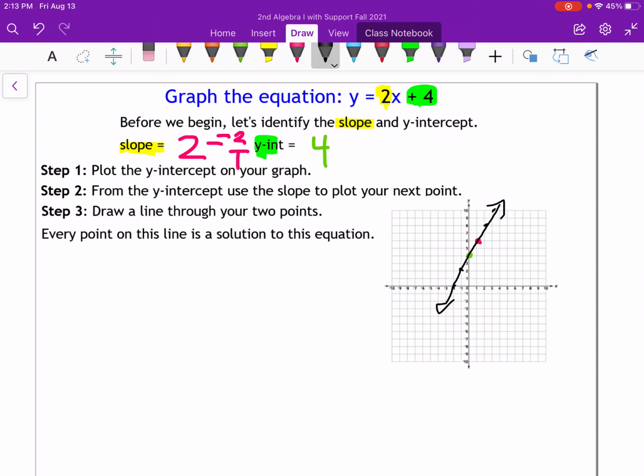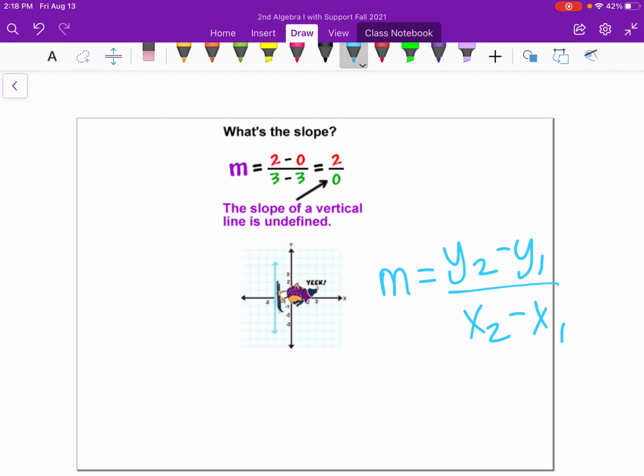What's that slope? Well, let's look at that a little bit differently. Again, our slope is y2 minus y1 over x2 minus x1. For the slope of a vertical line, let's say we had 2 points, 3, 2 and 3, 0. That's what they did up here. They took that and found the slope.